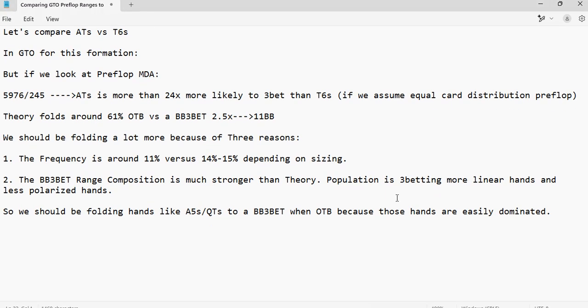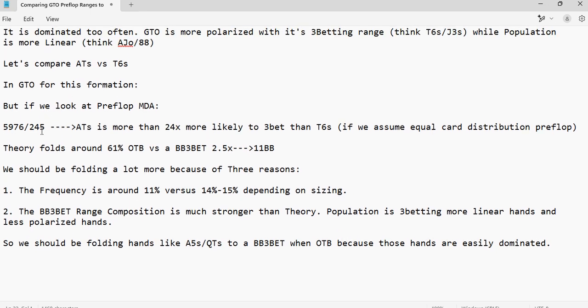So let's recap this. We should be folding a lot more because of 3 reasons. The frequency is around 11% versus theory, which is 14 to 15. The big blind 3-bet range composition is much stronger than theory. Population is 3-betting more linear hands and less polar hands like 10-6 suited.